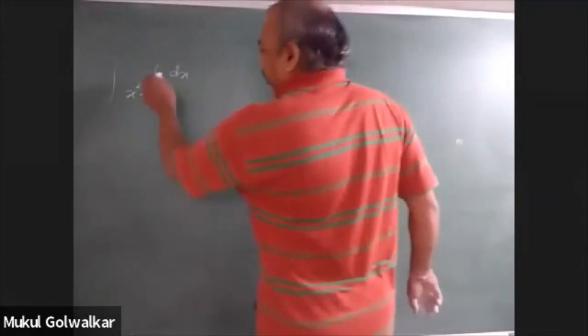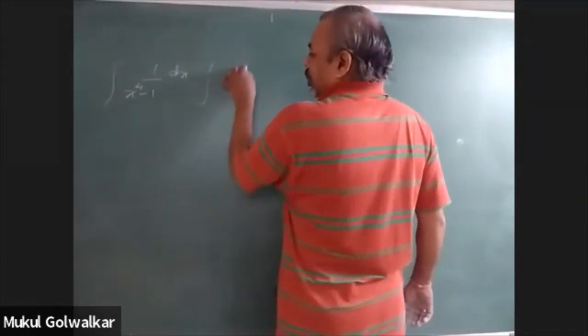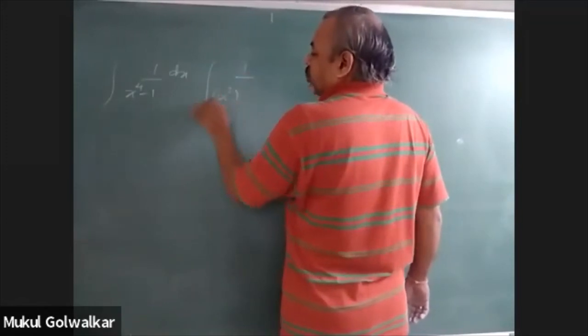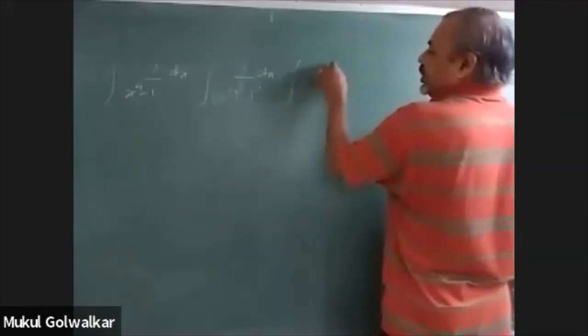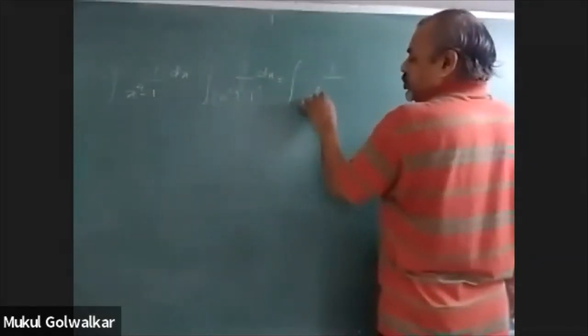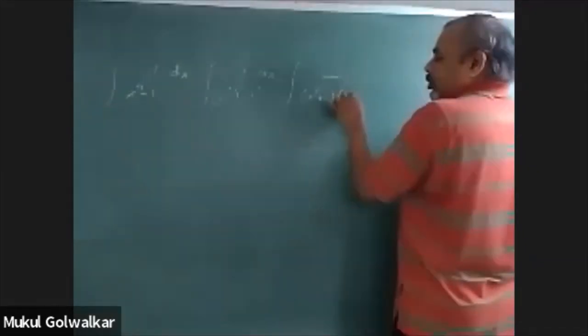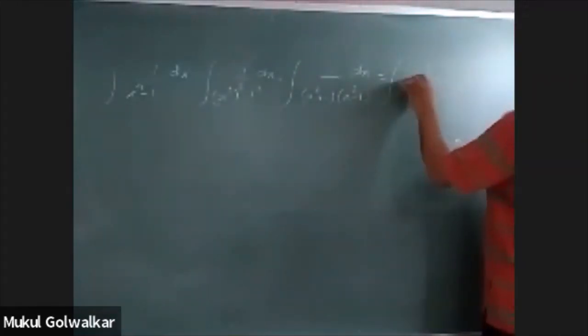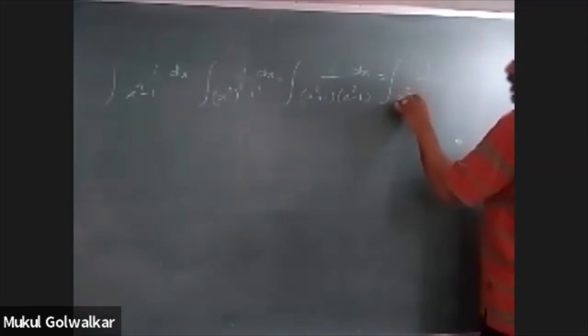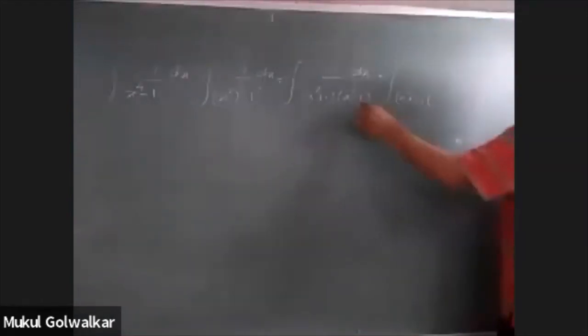So when we try to factorize this, we get it in the form of x square whole square minus 1 square dx, and we can write that in the form of 1 upon x square plus 1 into x square minus 1 dx, and this will be written in the form of x square plus 1 into x minus 1 into x plus 1.